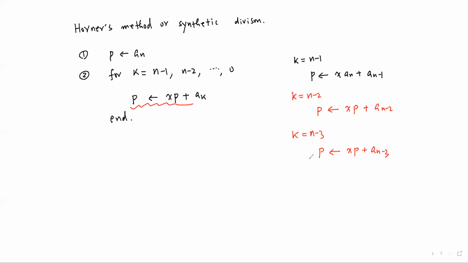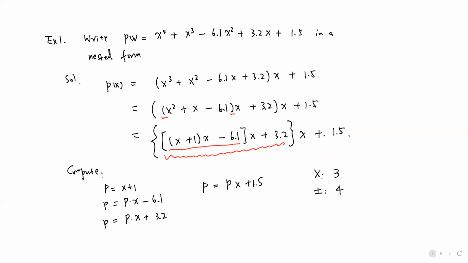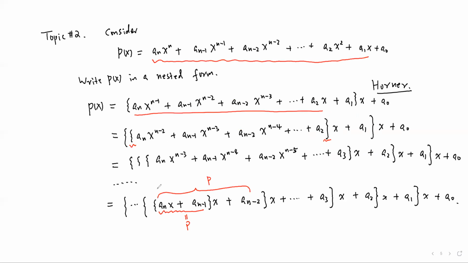Then this new P is the number here, AN-3, and so on. When K is 0, then we get the value of the polynomial.